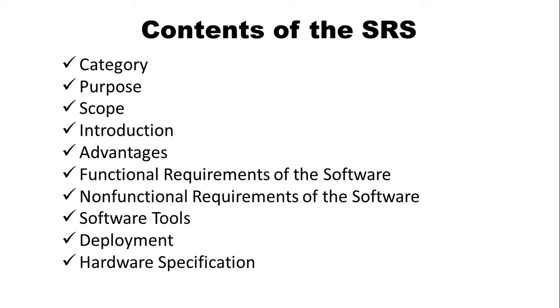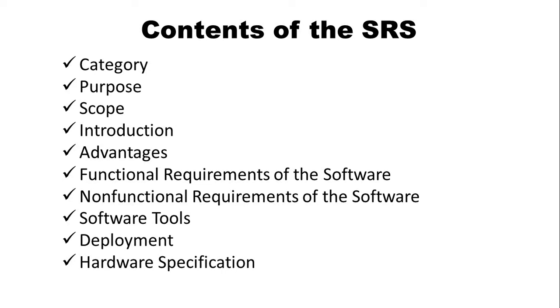Let's say in the exam you are asked to write the SRS of a library management system, or you can be asked to write the SRS of an online reservation system. So these are the heads you have to write. These are the contents of the SRS.